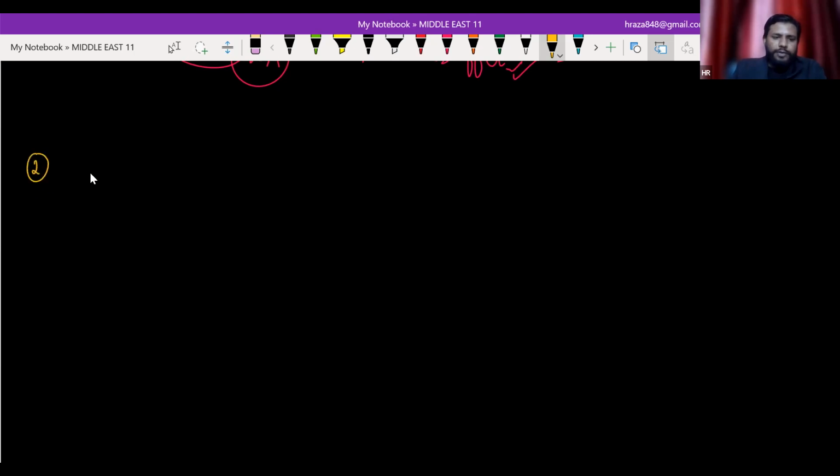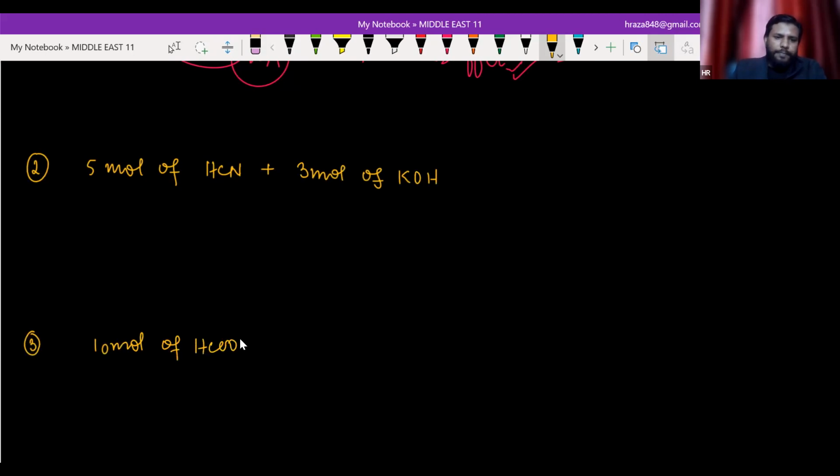The second one is 5 mole of HCN plus 3 mole of KOH. The third is 10 mole of HCOOH plus 4 mole of barium hydroxide.